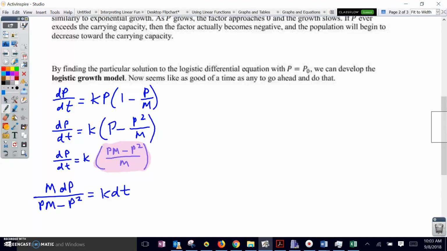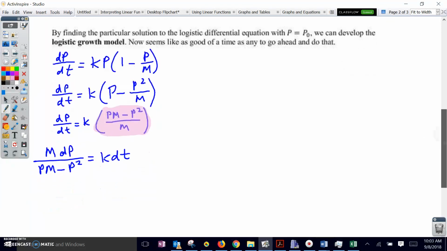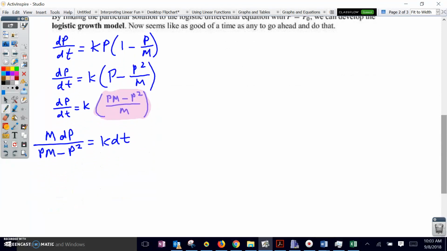Okay. And now I'm going to want to integrate this. But in order to integrate it, first I need to split this left-hand side up using partial fractions. This is M dP over the quantity P times the quantity M minus P is equal to k dt.